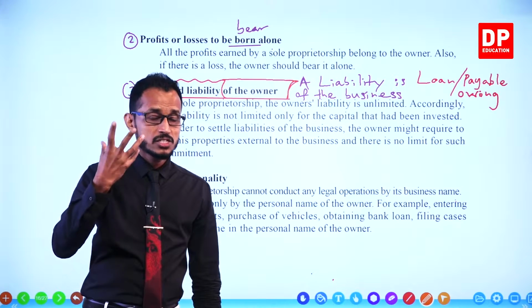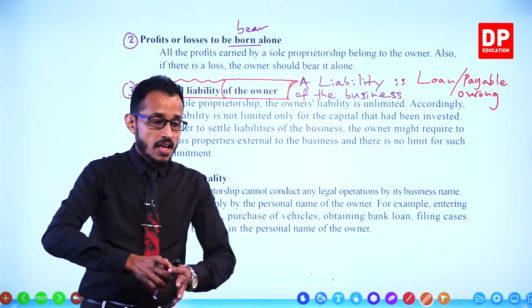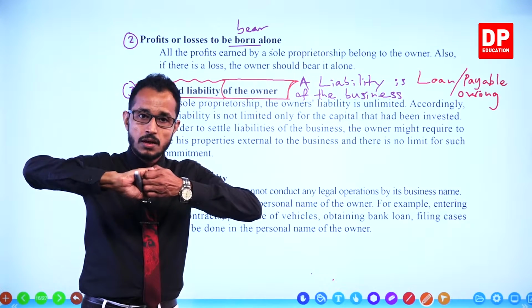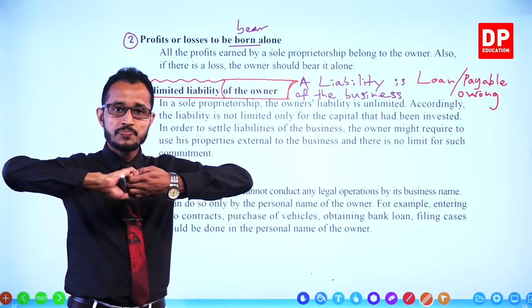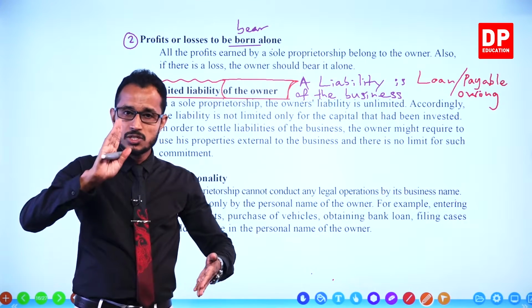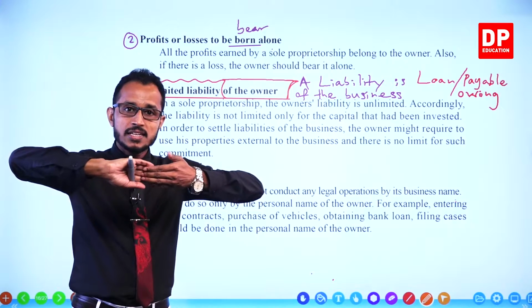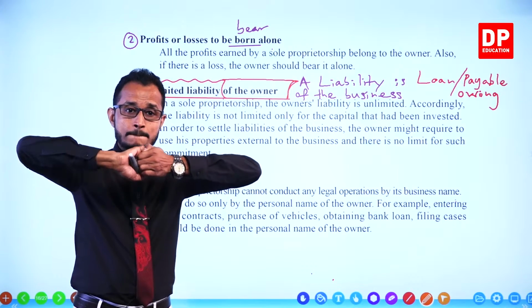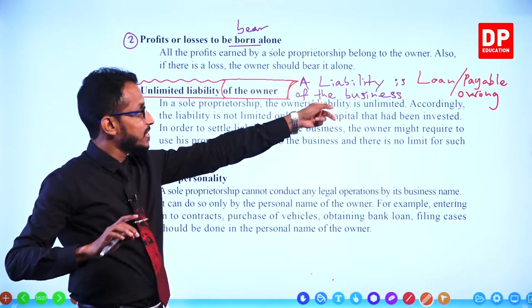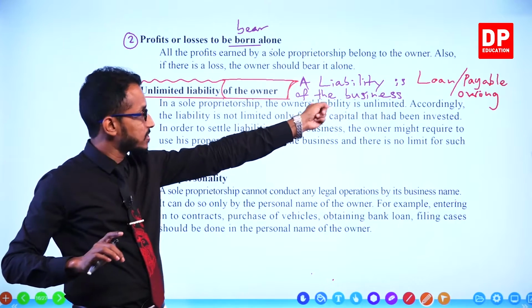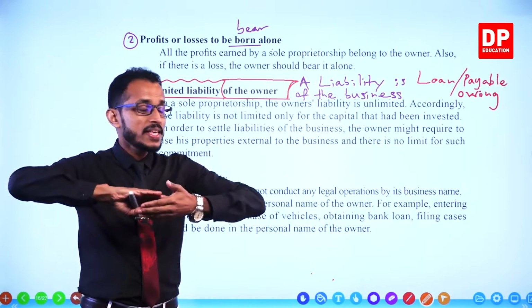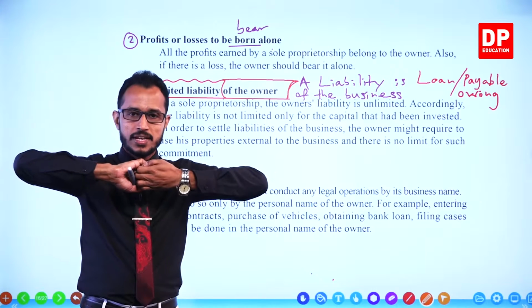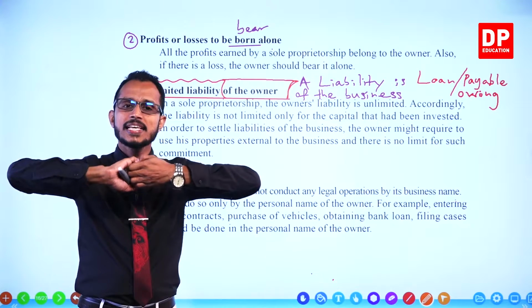Siripala as the owner is bound by the business borrowings, or Siripala as the owner has the responsibility of paying the business liabilities or business loans or payables. He cannot escape from it. It is his liability.